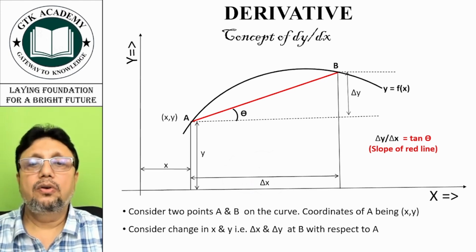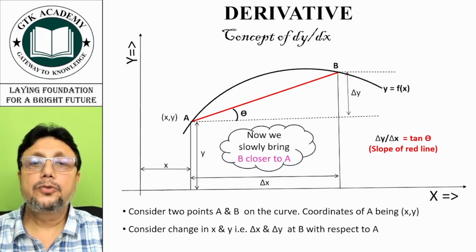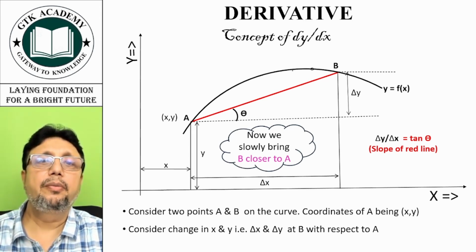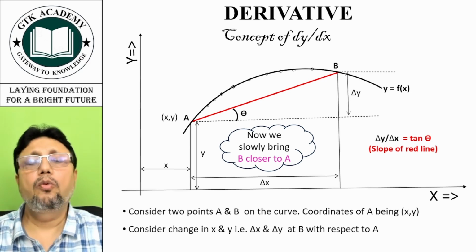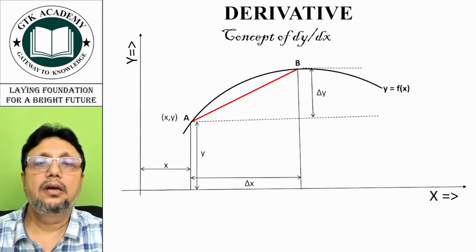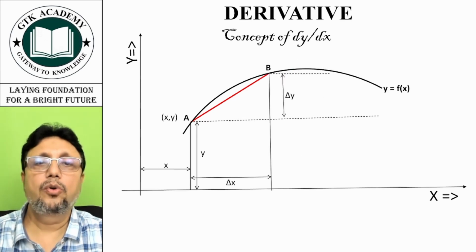Now we slowly bring B closer to A. Say B is at this place. On this curve itself, we bring B slowly closer to it, like this. What will happen? A bit more closer.